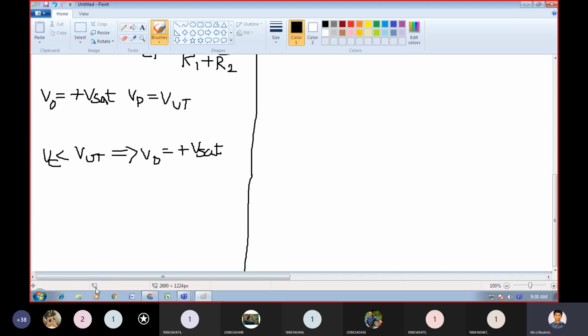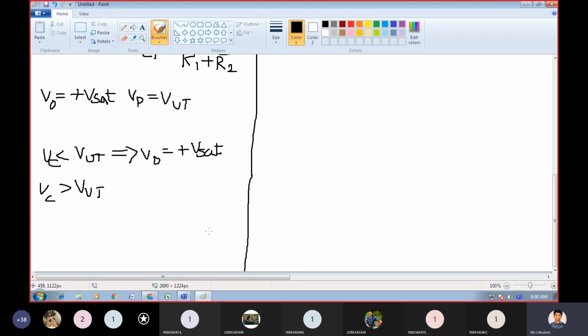So as soon as the VC value changes to a value slightly greater than VUT, VC is greater than VUT, then the negative input goes positive with respect to the positive input.